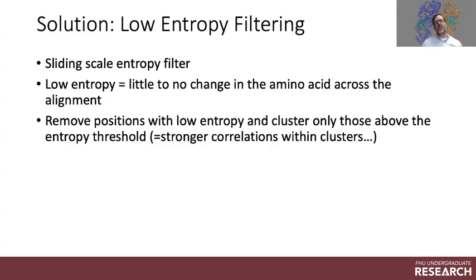It also tells us something about that site, right? There's not a whole lot of change there, which tells us that site's actually really important, by the way, because otherwise it might have much more variability. But we were able then to apply entropy filtering to our data and end up with stronger correlations within the clusters and avoid these positions where there was little to no change.